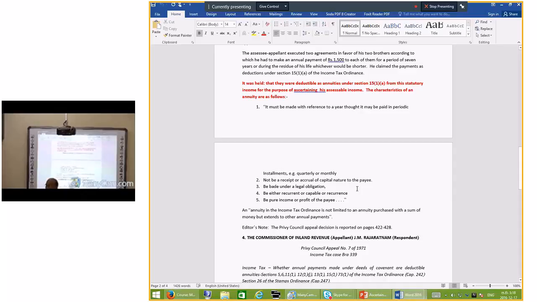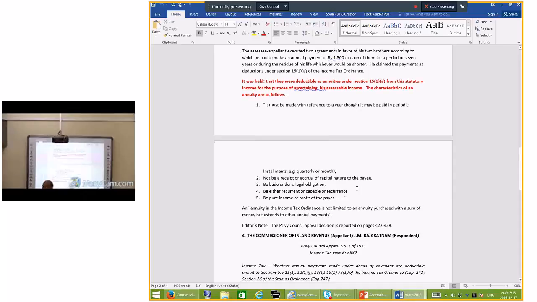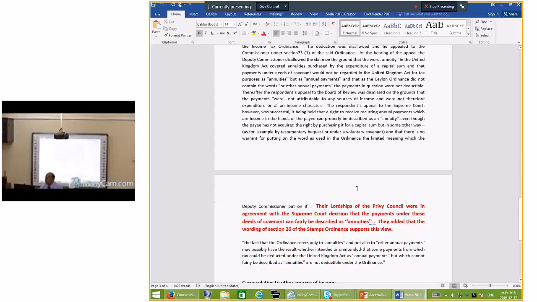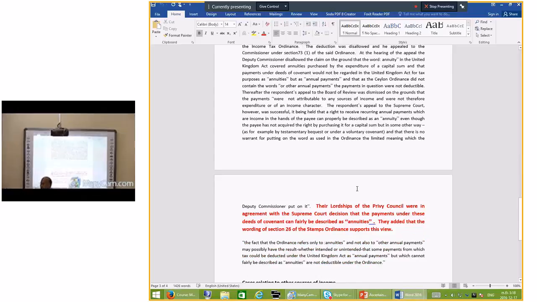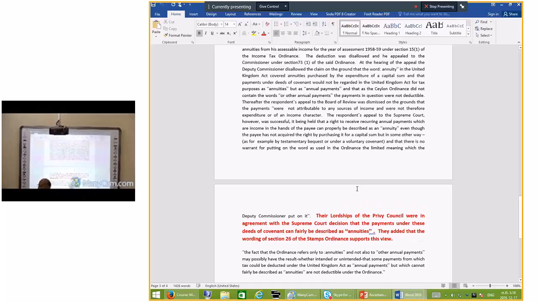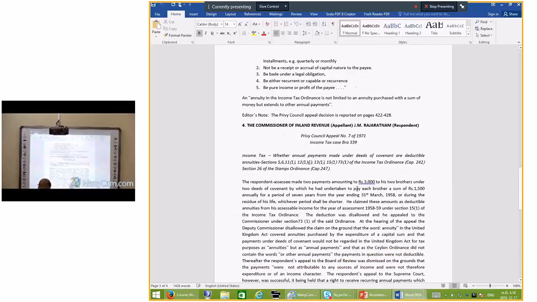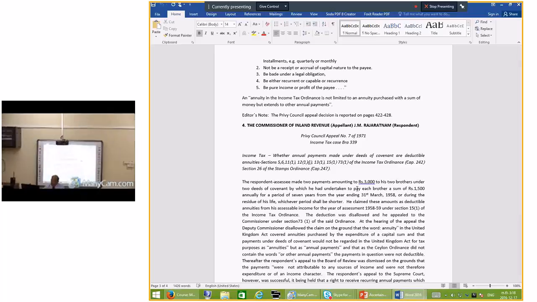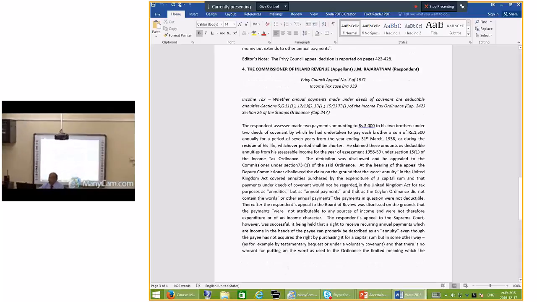In the Privy Council, they also comprehensively and lengthily studied the Supreme Court decision, and they agreed with it.